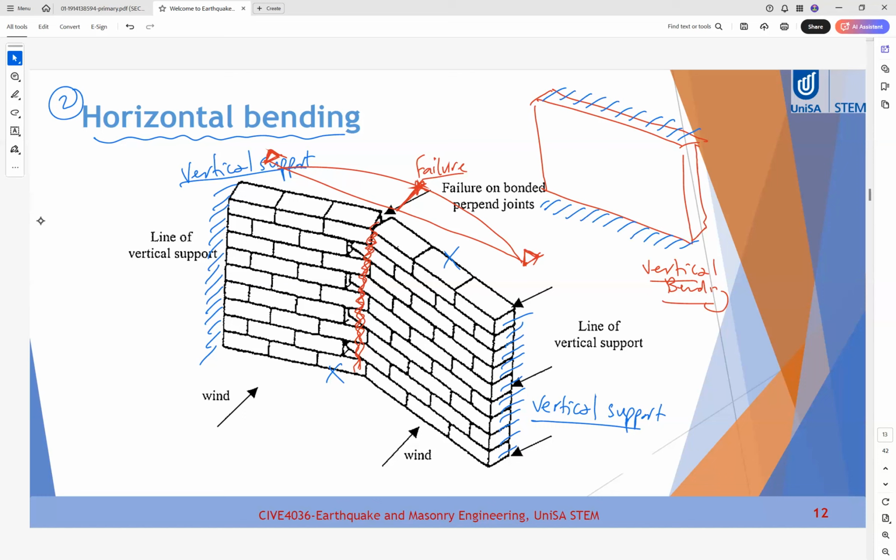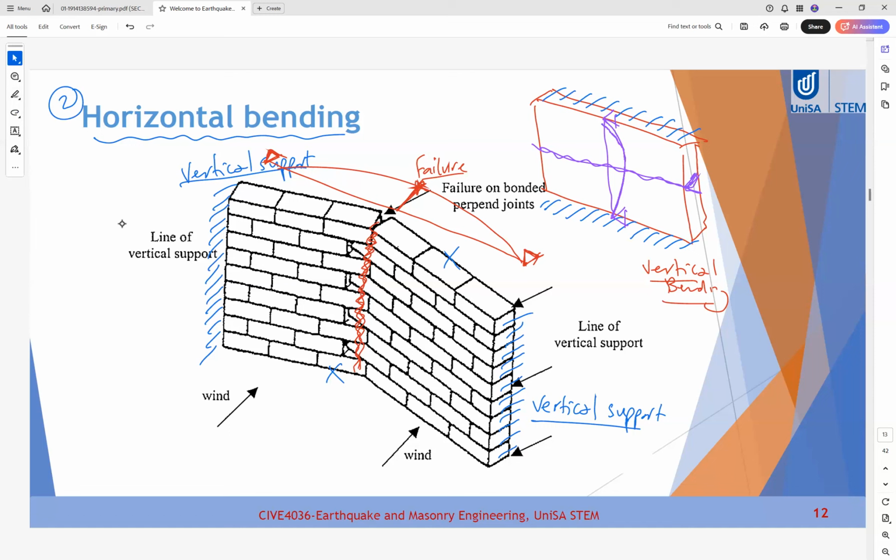Here we have the vertical end support, here we have the horizontal end support. This is our wall, and the bending will happen in this direction, so the wall will crack in the middle here. Here in the wall, we have horizontal cracking. Here we have vertical cracking.